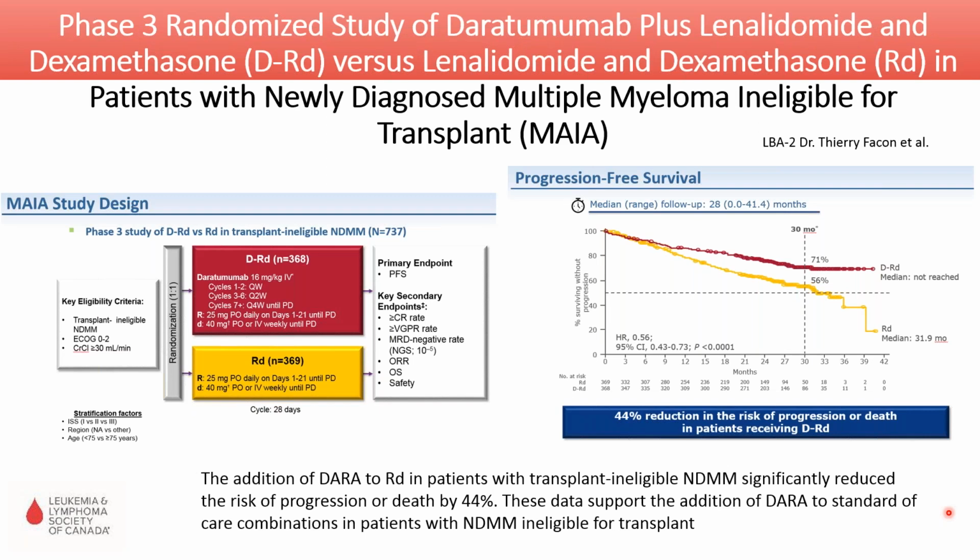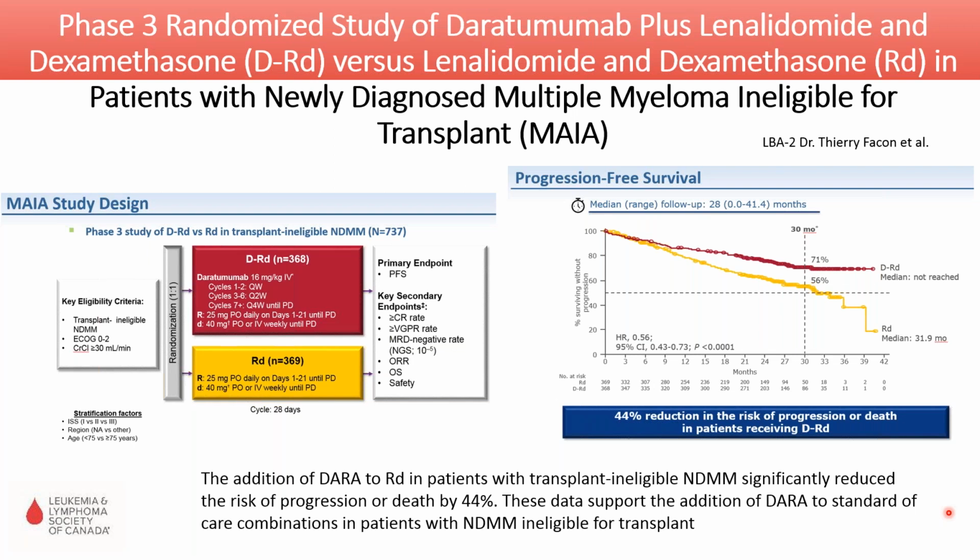The same thing was demonstrated with a different upfront regimen, lenalidomide dexamethasone, again showing a significant improvement when you add daratumumab to the Revlimid dexamethasone regimen. It reduced the risk of progression or death by 44%.